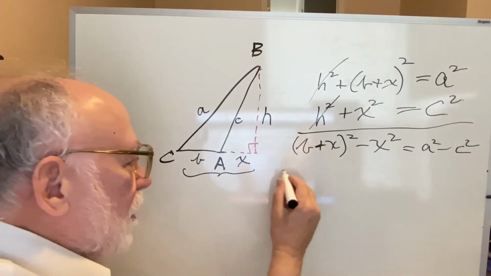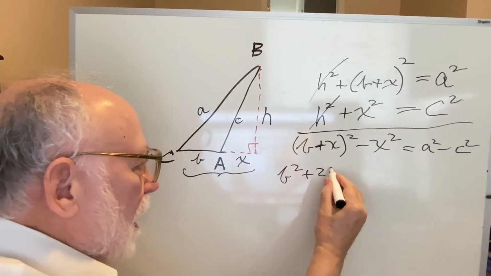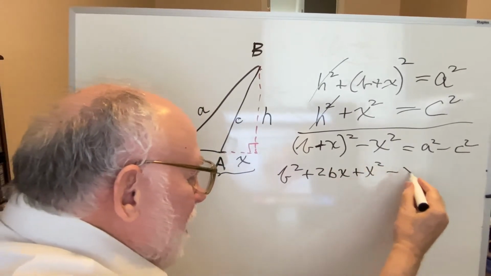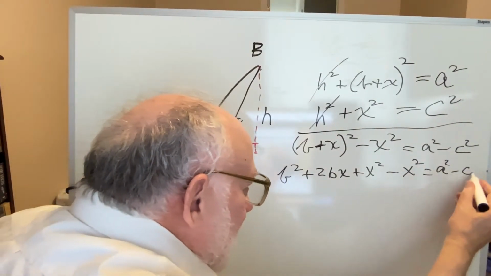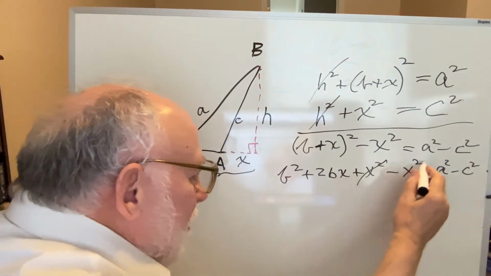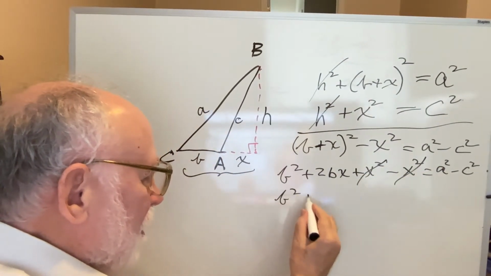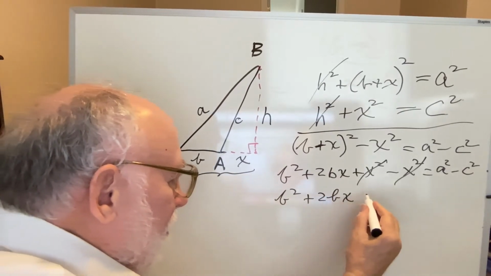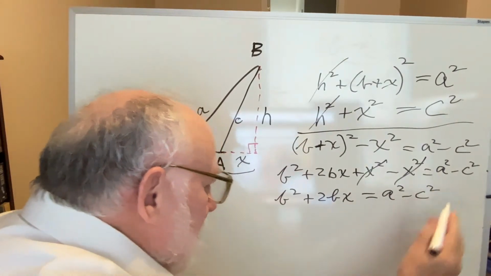Now we use FOIL here, we get b squared plus 2bx plus x squared minus x squared equals a squared minus c squared. However, these x squared terms do cancel. We get b squared plus 2bx equals a squared minus c squared.